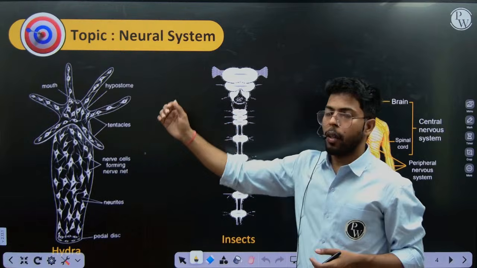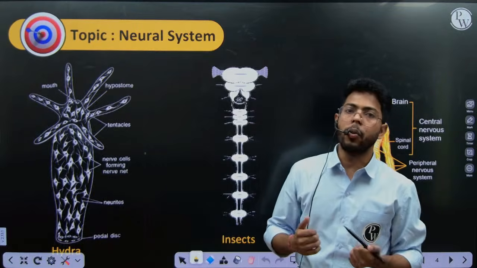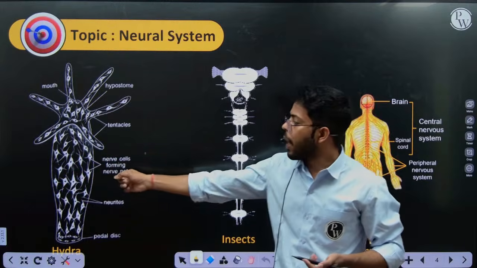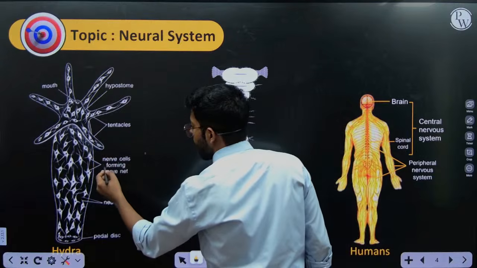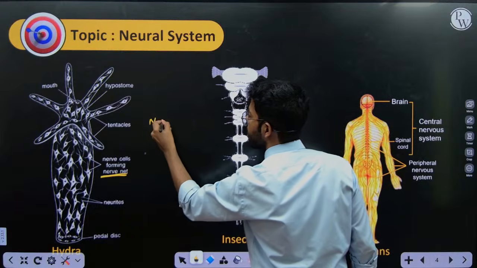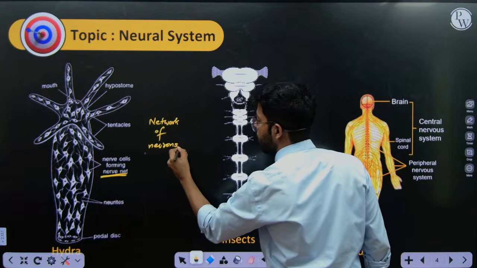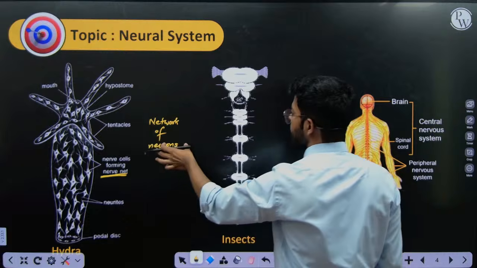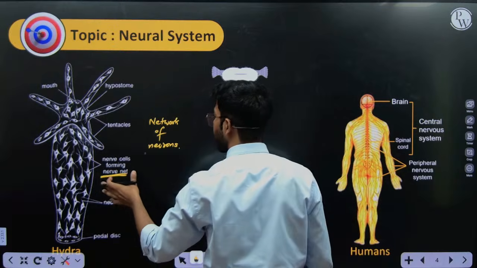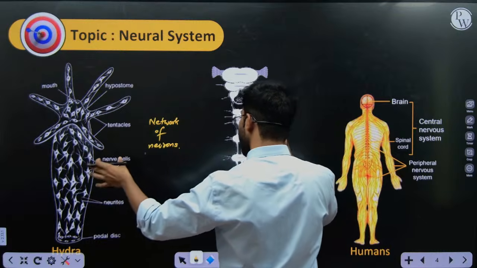Now the neural system. As we move from simple organisms to complex organisms, the neural system also becomes more complex. For example, in hydra there is only a network of neurons present. Neurons are excitable cells; they can receive and sense the stimulus and give a response to the organs, tissues or any cell.